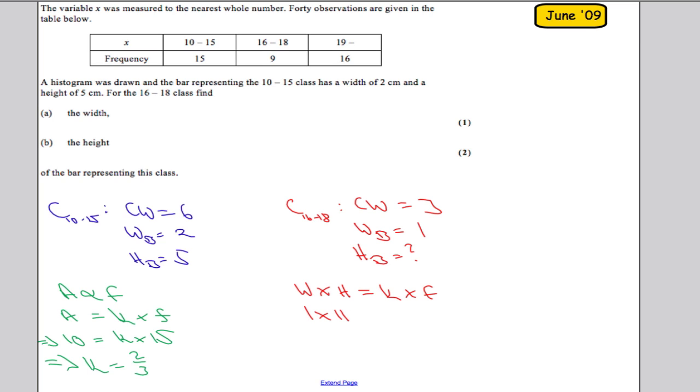The height is what we're looking for, h. That must equal the constant, which is 2/3, multiplied by the frequency, which is 9. So I know that h equals 9 times 2 over 3, which is going to give me 6. So the height is 6.